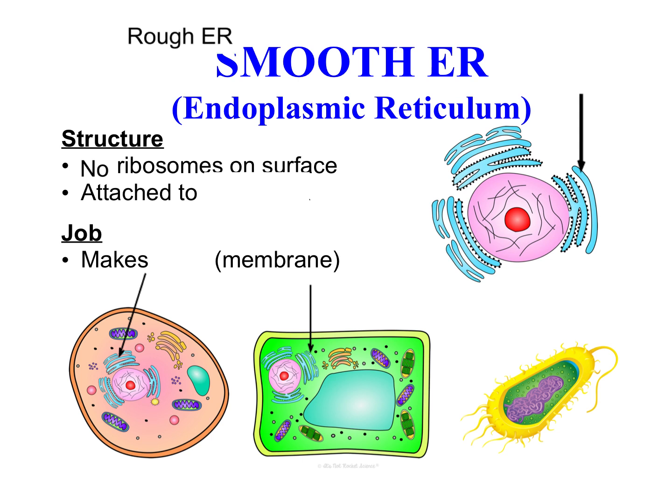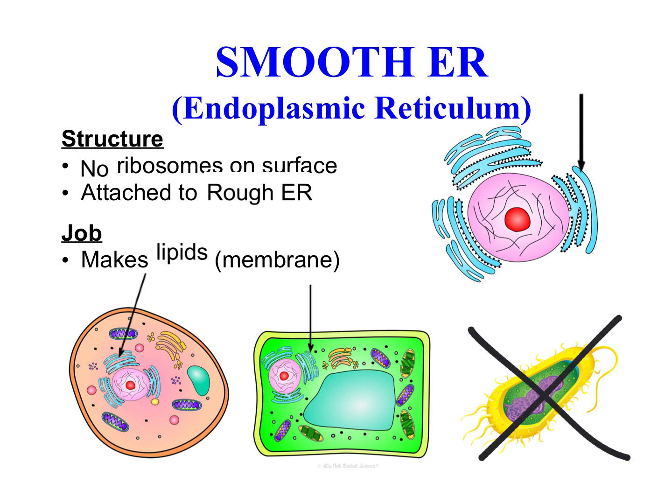It is also then attached to our rough ER, so we have this same pattern of nucleus, rough ER, and then our smooth ER, and it'll always look like this. And it makes lipids, so they're making our membranes, like our phospholipids. And so we can see that we have our nucleus, rough ER, smooth ER in our animal cells, same for our plant cells, but again, we do not have these things in our prokaryotes.